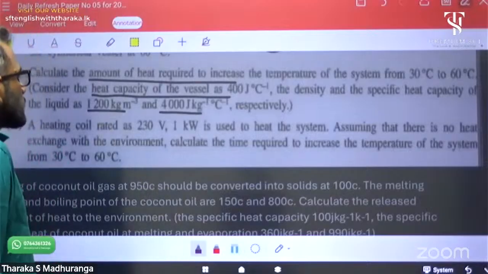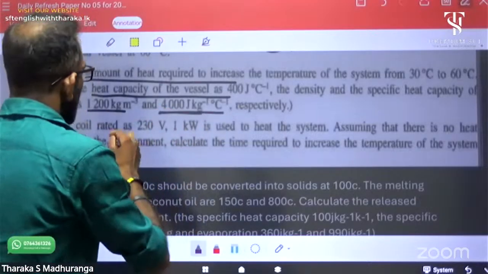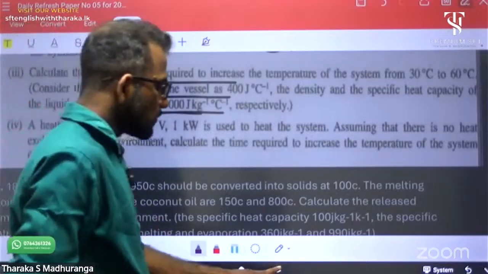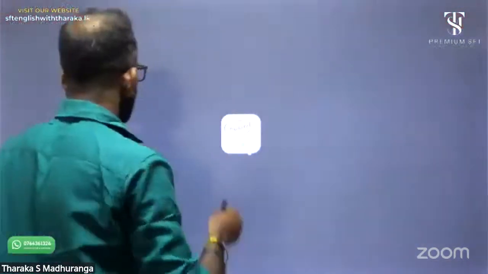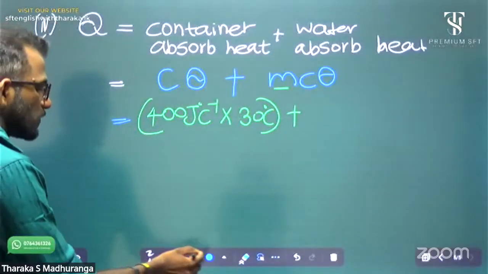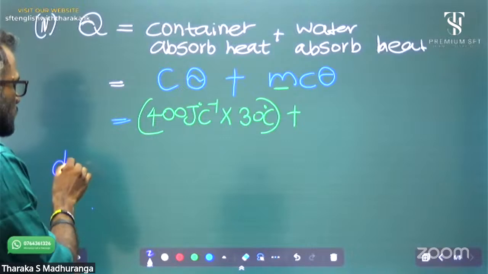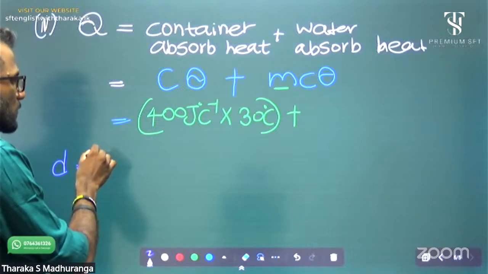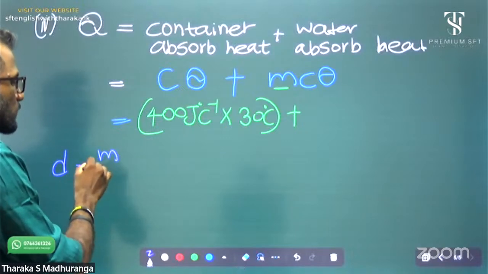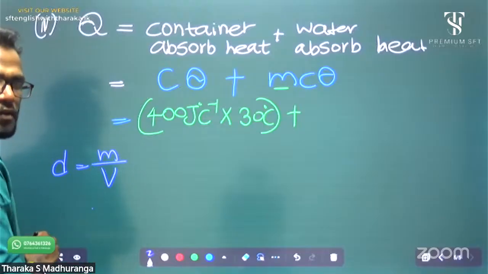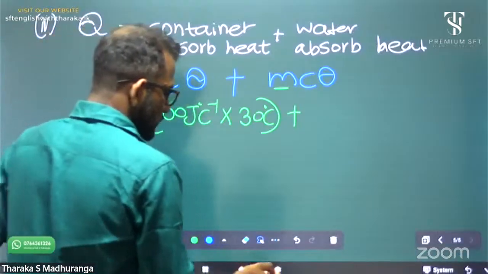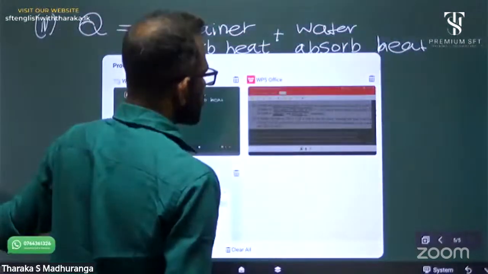The mass of the liquid. The specific heat capacity is given as 4000 and the density is given. The density of liquid equals mass over volume.